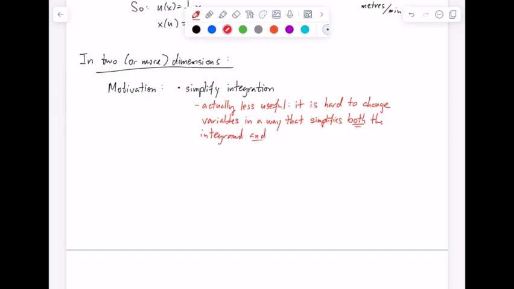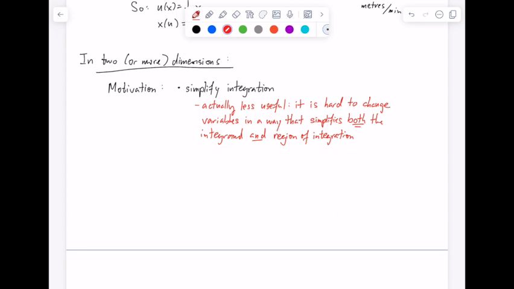But as soon as you get into two dimensions, you realize that now you're mapping a two-dimensional region to another two-dimensional region. So in fact, even if you find a substitution that changes your integrand to a nicer form, it might do something really strange to your integrating region.